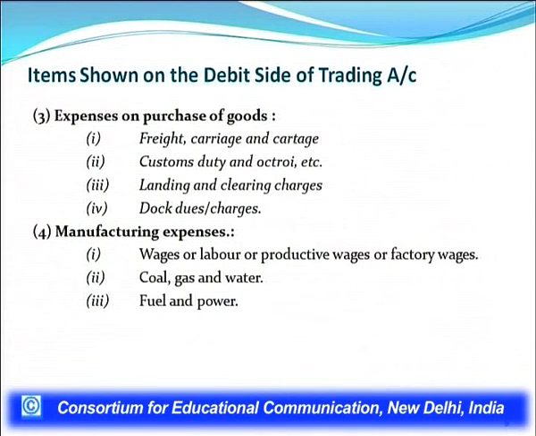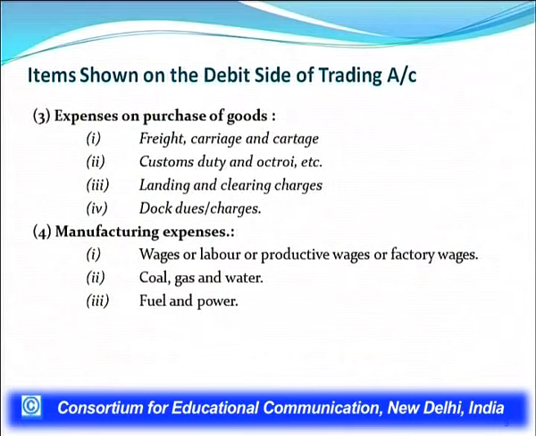It may be called by different names, but the focus is that this is paid to the employees who are involved in manufacturing or processing goods. So, it is known as a direct expense and shown on the debit side of the trading account.